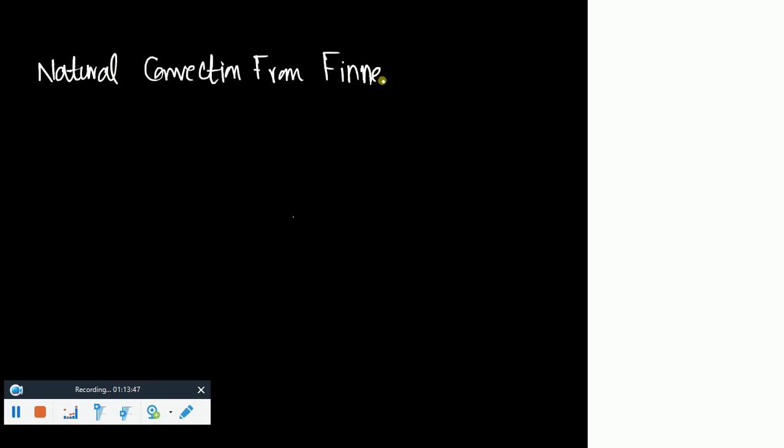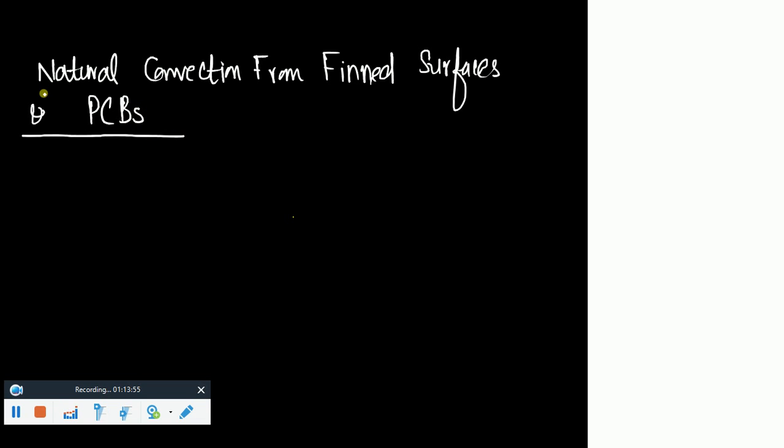From finned surfaces and PCBs. Now what does it stand for? PCBs? Come on. Printed circuit boards. You might have seen those preparatory kinds of stuff from mechatronics or electrical engineering students.